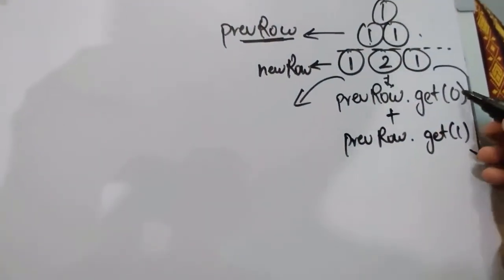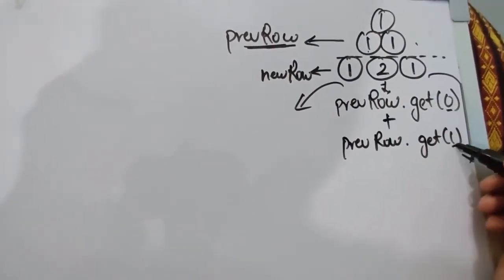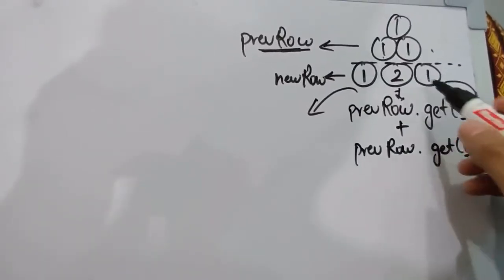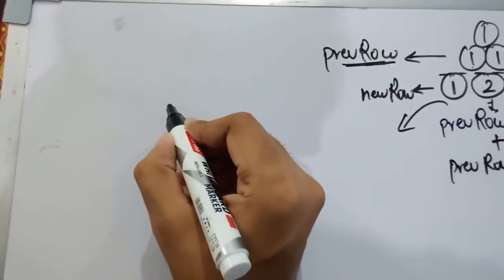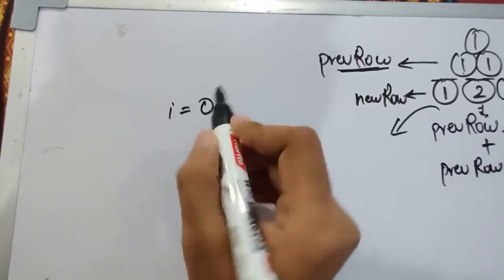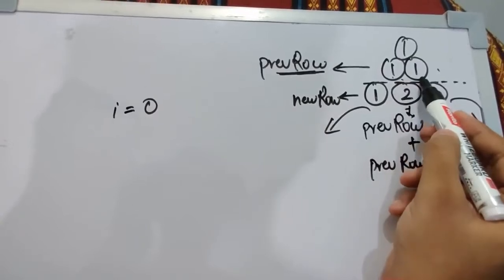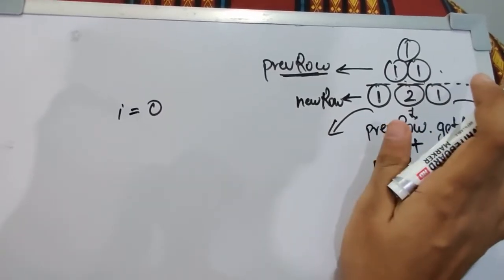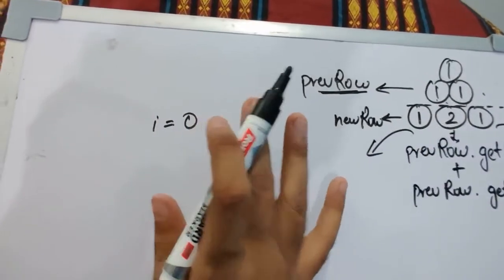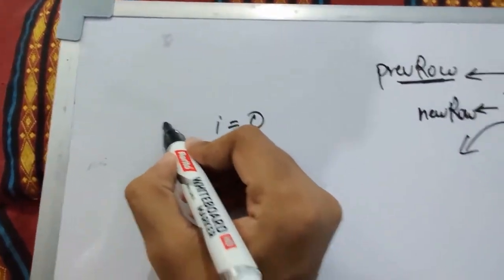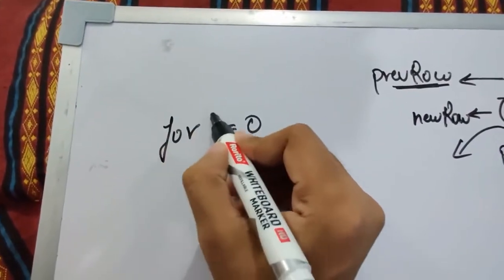First of all, let's replace these constants with a variable which will be generic for us. So what can this be? Let's say i equals to 0, right? Then this one will be i and this one will be i plus 1. Good to go? This much is okay. So what it means is that we need to use a for loop.